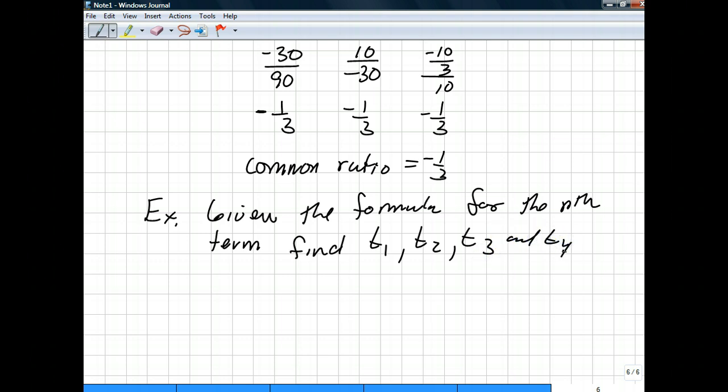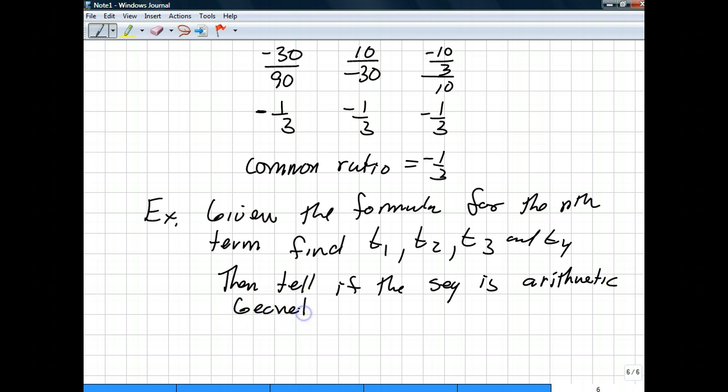In other words, find the first 4 terms in the sequence. Then tell if the sequence is arithmetic, geometric, or neither.